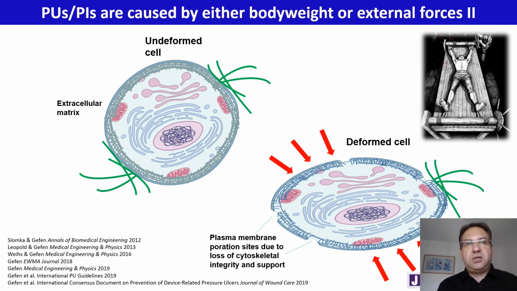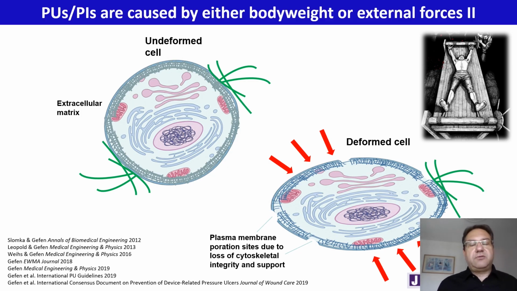And the skeleton is the protective structure in the body that is protecting all the internal vital organs. And once the skeleton is damaged, the vital organs would be damaged as well, and the person dies in pain. And basically, the same happens in cells that are subjected to sustained deformations.